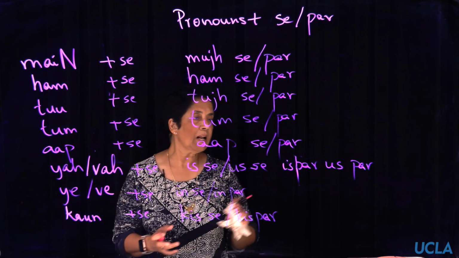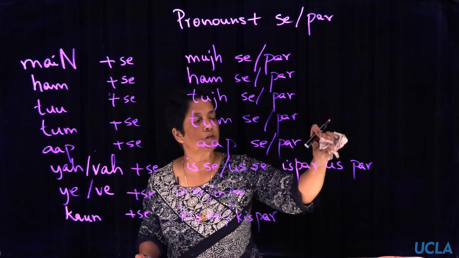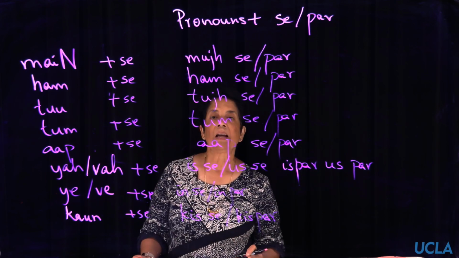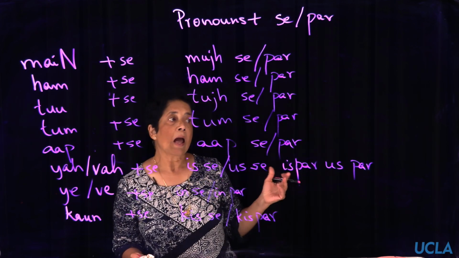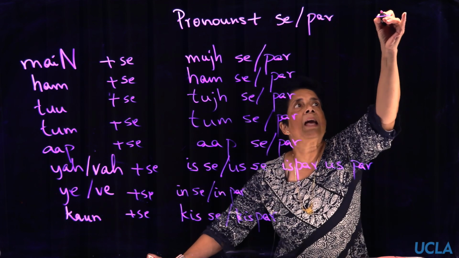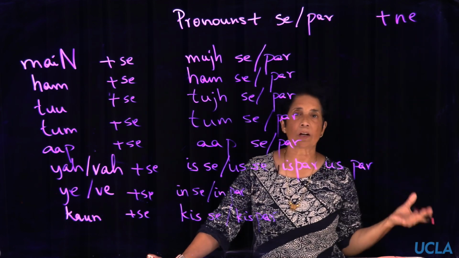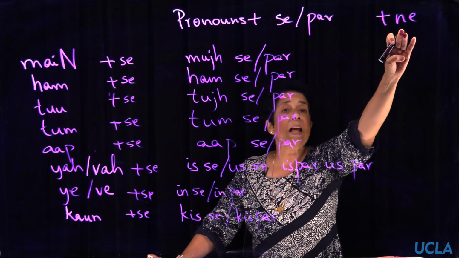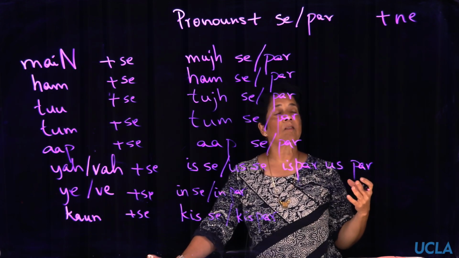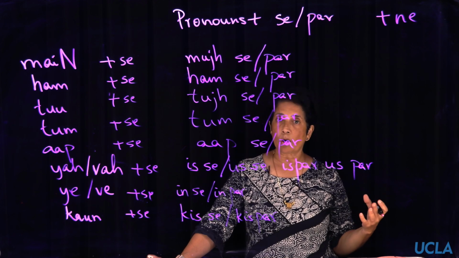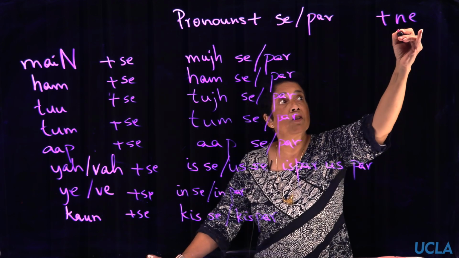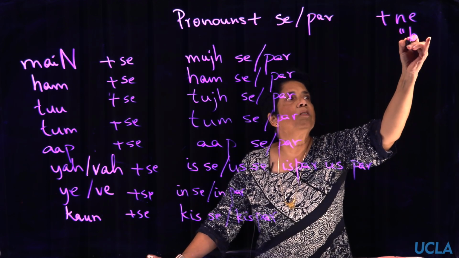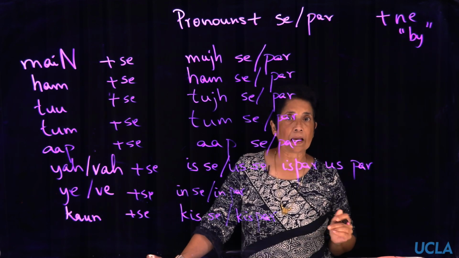And the only other postposition left is ne. Okay? And remember, ne is a postposition like any other postposition. What does ne mean? Ne means agent or doer, or comparing it to English, it's closest in meaning to by.